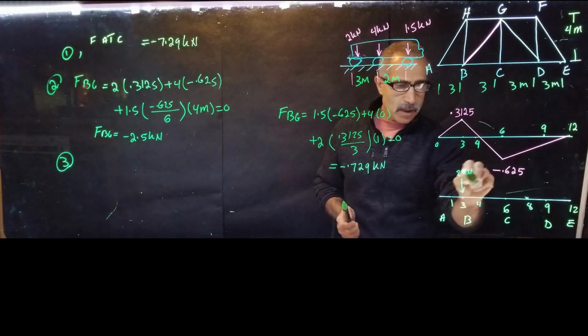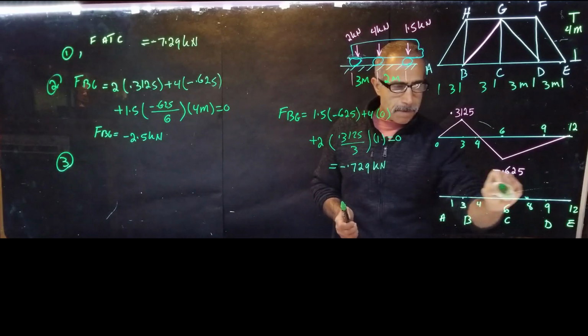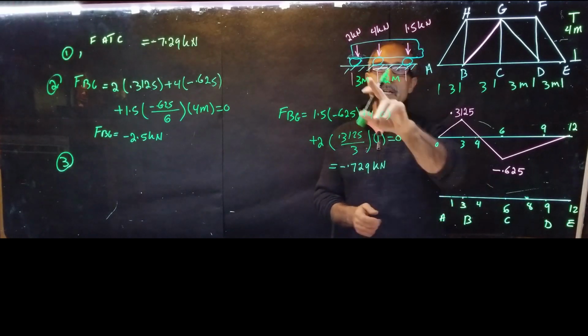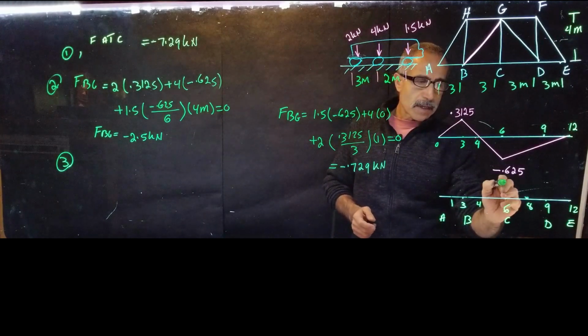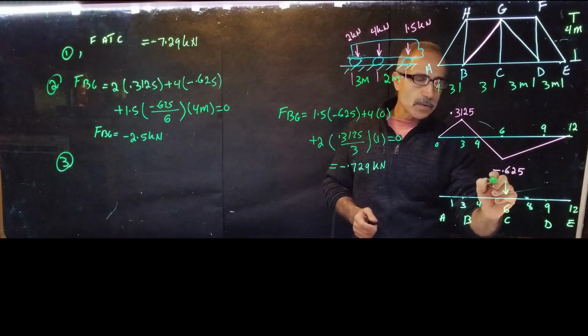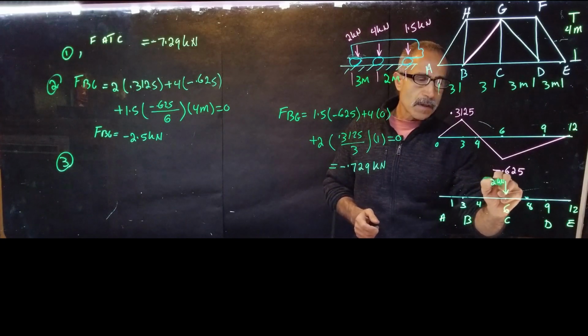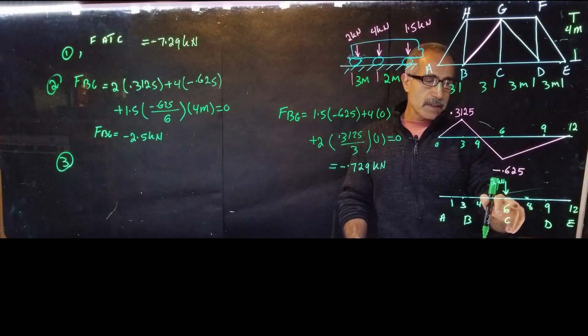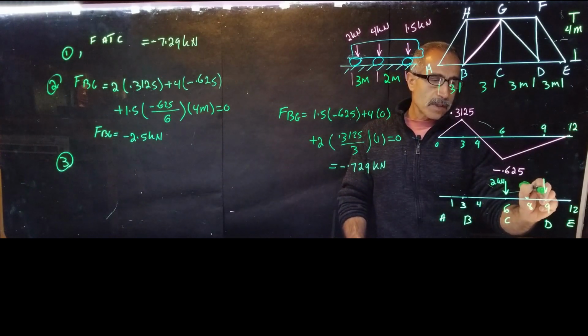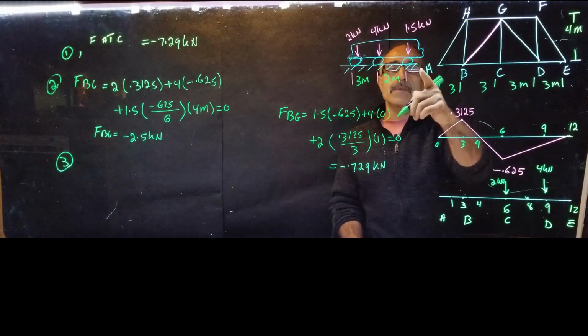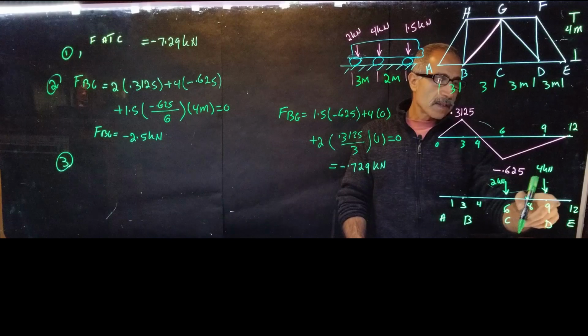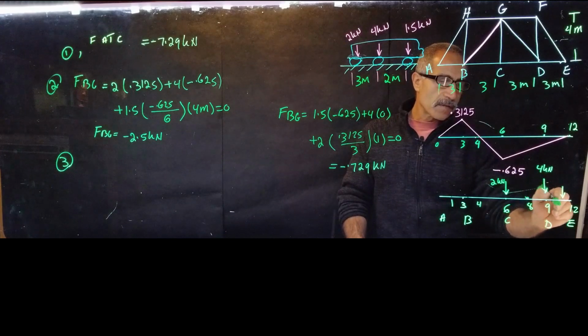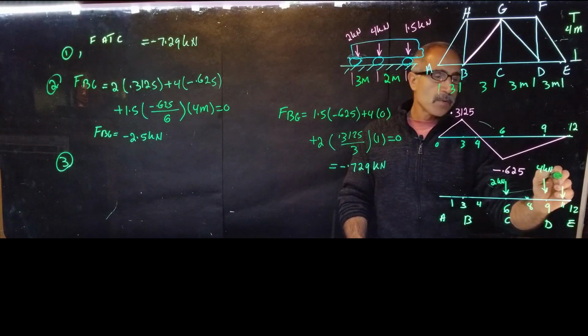The last wheel is at point C, and that's 2 kilonewton. Then the 4 kilonewton is 3 meters away, so that's at 6. And the 1.5 is 2 meters further, so it's right here at 11, and that's 1.5.